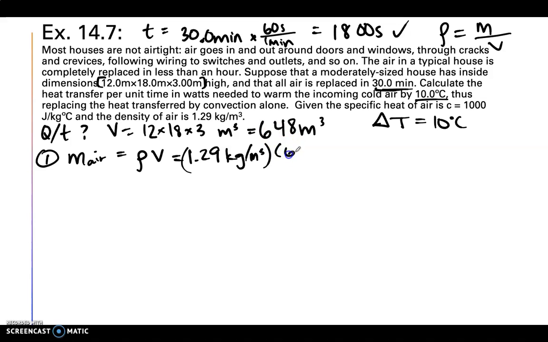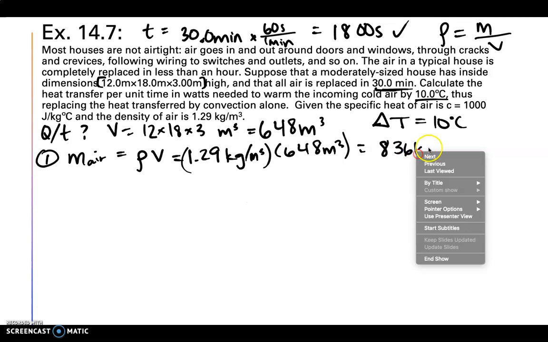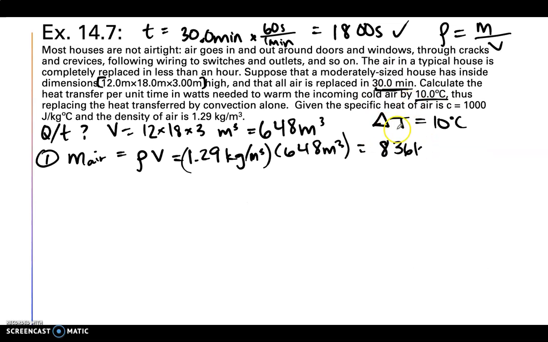My volume I just solved for is 648 meters cubed. So that will be 836 kilograms. So that's my mass of the air in the house.